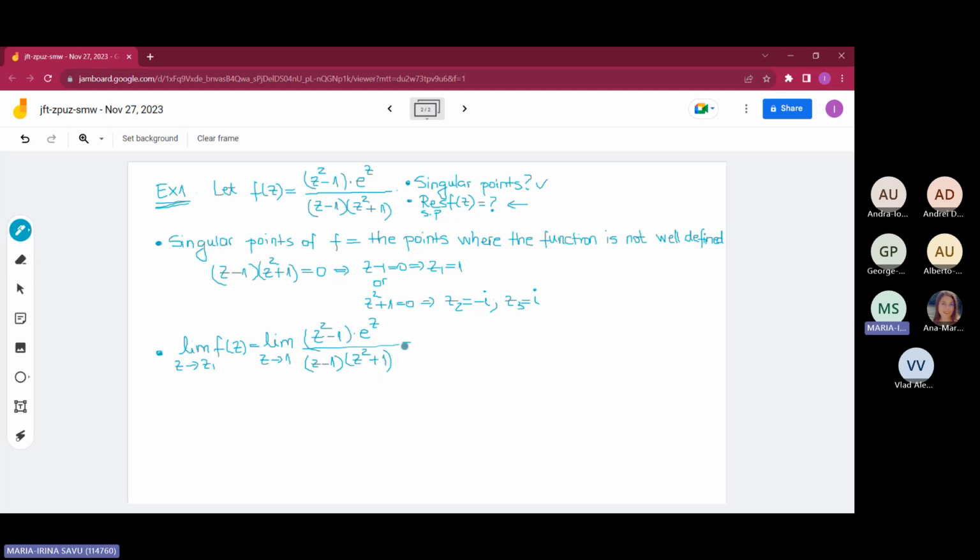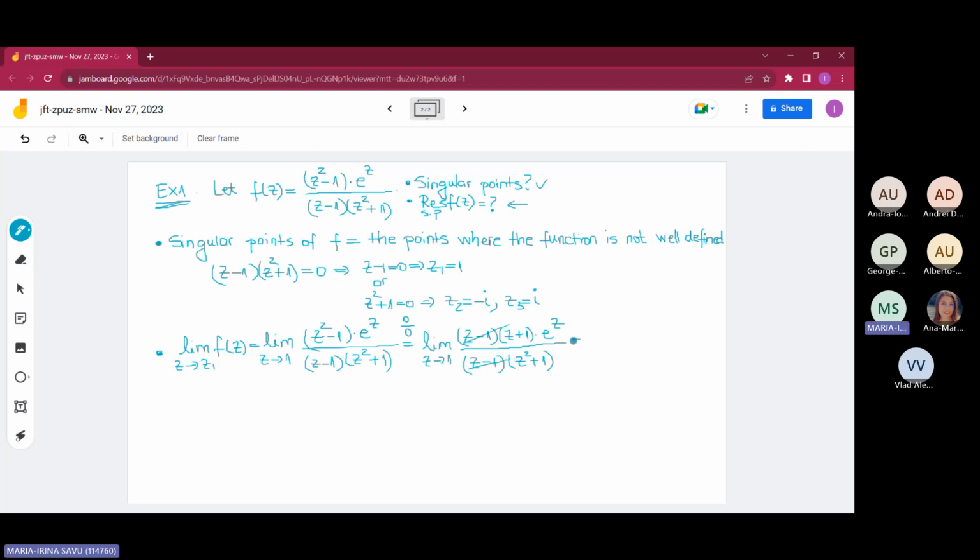Now, if you substitute 1, you will see that you have 0 over 0. So in this case, you should write this expression as a product. So this z squared minus 1 is actually z minus 1 times z plus 1 times e to the z over z minus 1 times z squared plus 1.